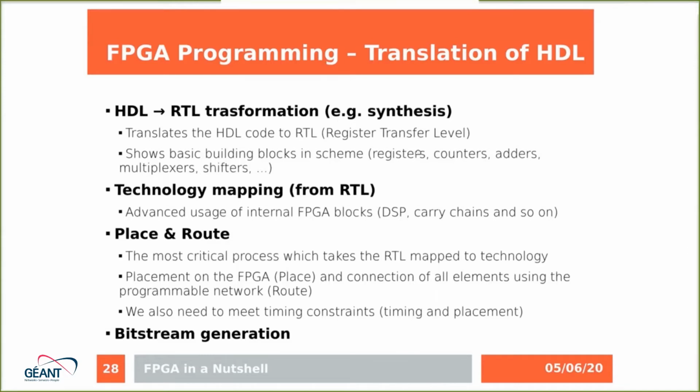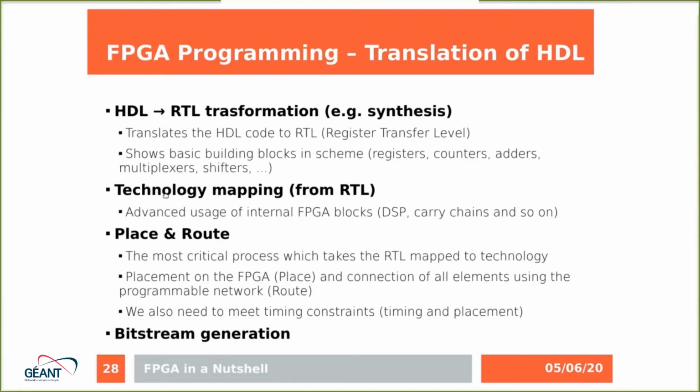You just need to see that the AND gate is connected with the OR gate, and the output is connected to the register, and then the register is connected to another asynchronous logic, and so on. I will show you how the RTL level looks in the Vivado tool. It basically shows how the building blocks are connected together.